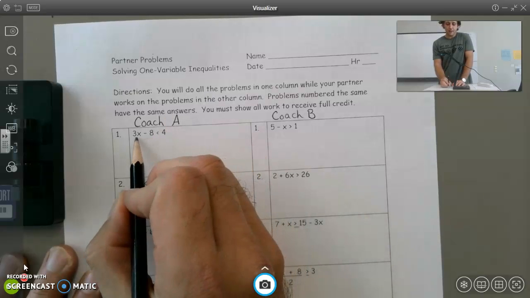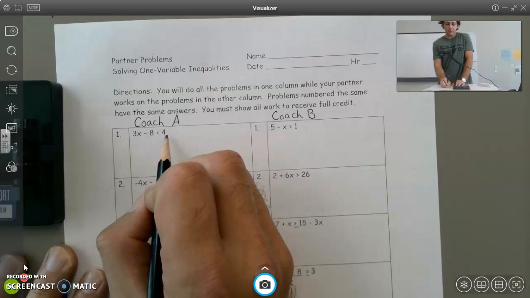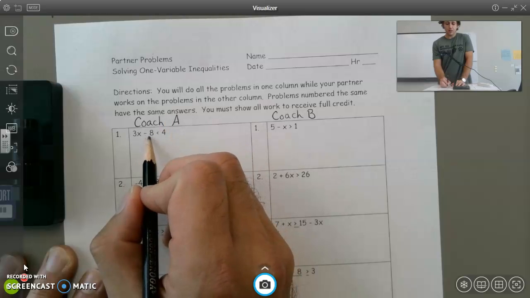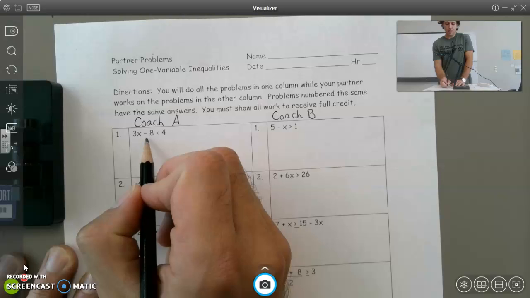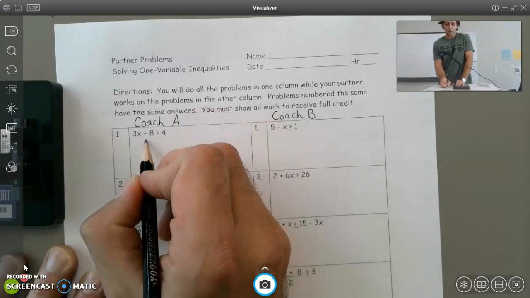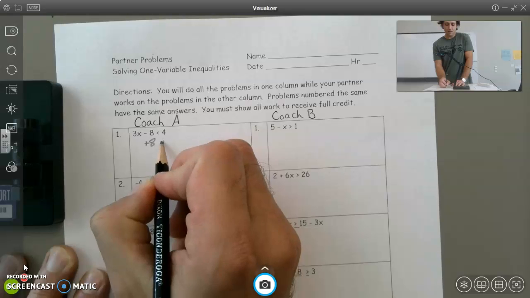When I look at number 1, I'm going to solve this in the same way that I solved equations. The strategy that we used was to make a constant of 0. So I see 3x minus 8. I want this to be plus 0. In order to make this 0, I would have to add the opposite.